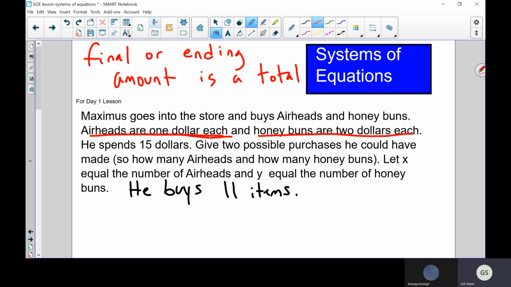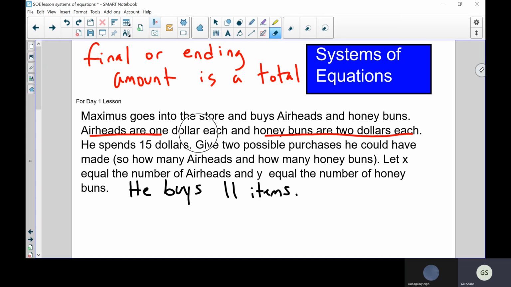Because remember, you're adding to a starting number. That's why I call it a starting number, because you're going to add more stuff to it. We added distance to it. Sometimes we add money to it. In this case, we're not adding anything else on top of the 15. That's what I ended up spending. Same way here. We're not buying more after the 11. We're done buying. Hopefully that clarifies.